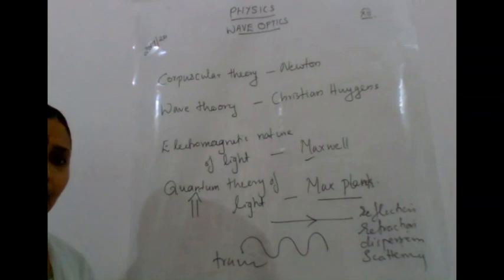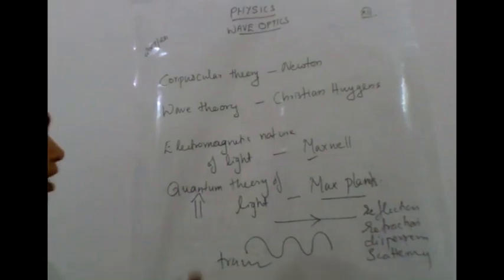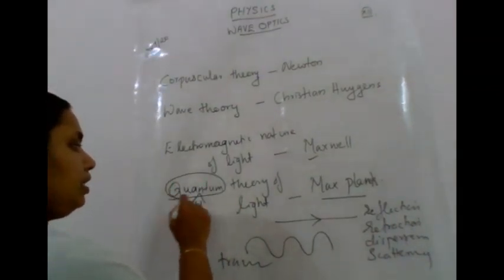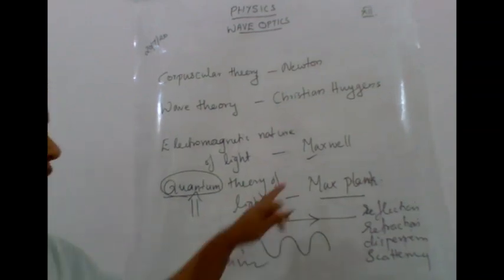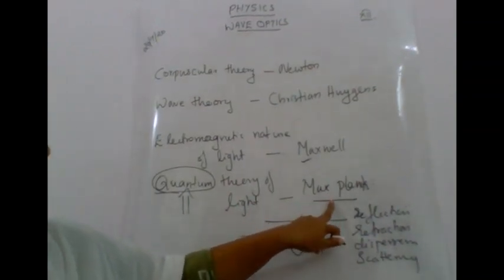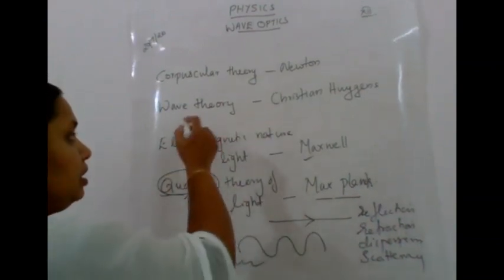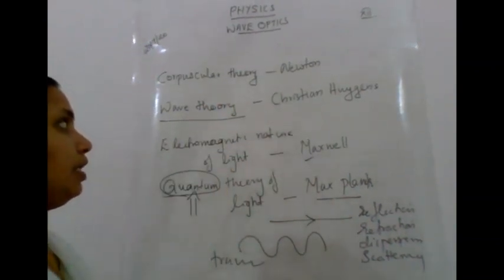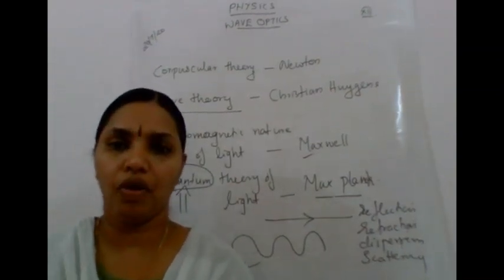Then it has the ray characteristics, it has the wave characteristics, plus it has the particle characteristics, that is, the light is propagating as a packet of energy called a quantum, that is by Max Planck. Okay, so now we are going to discuss the wave theory, that is, the wave characteristics of light under the topic called wave optics.